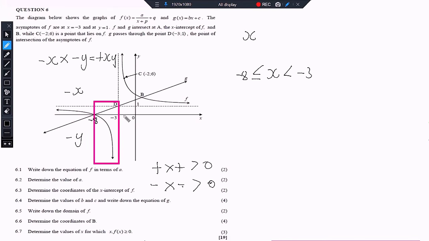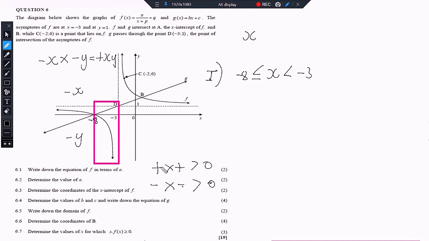Where we put x as -3, this whole equation gives us a maths error. So I need to be very careful not to say equal here. So where x is greater or equal to -8, but less than -3, this is the first point where we see that happening.